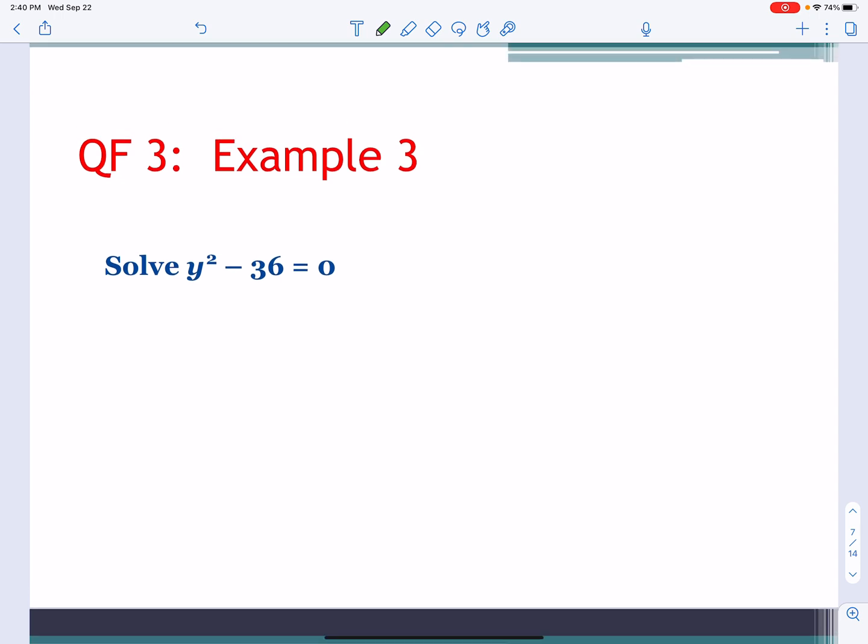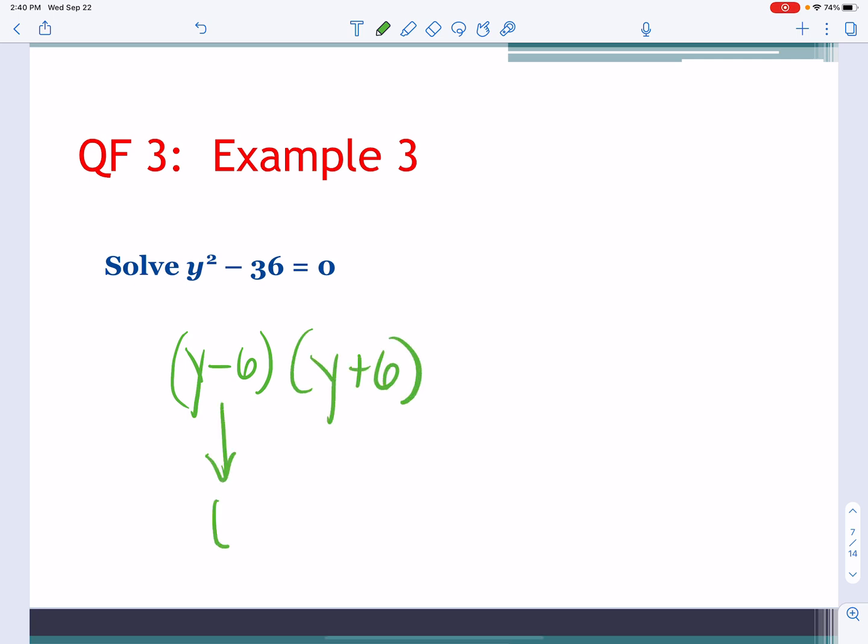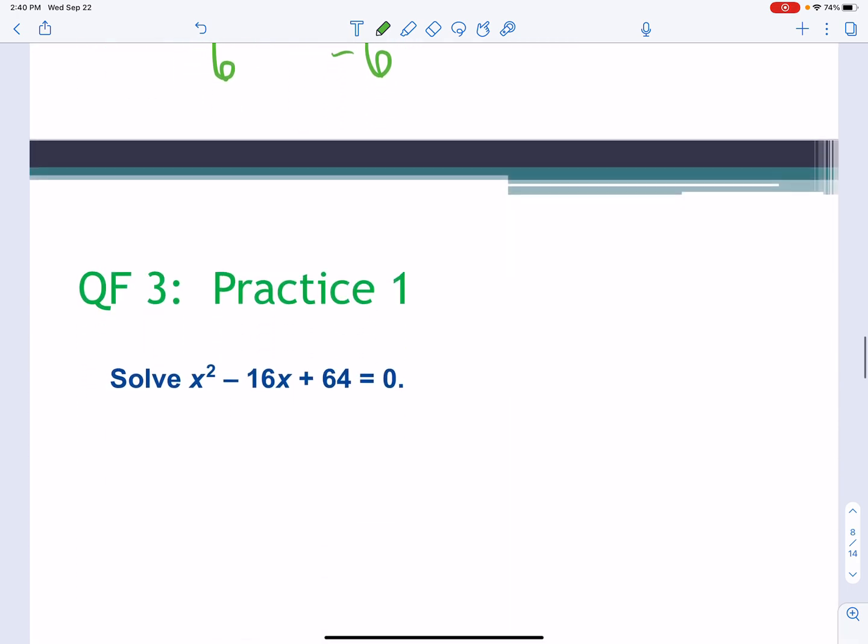Okay. So if I do this one, I'd have y minus 6, y plus 6, because it's difference of squares. So one of my answers is 6, and one of my answers is a negative 6. I am not going to check all of these because I feel like you got the hint, but if you need to check any of them, you can.